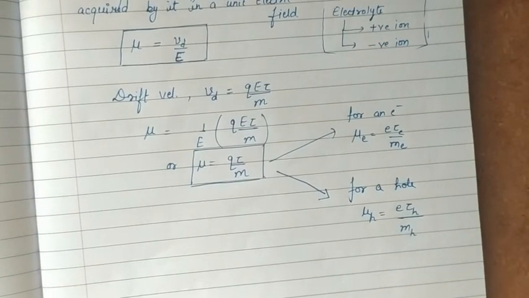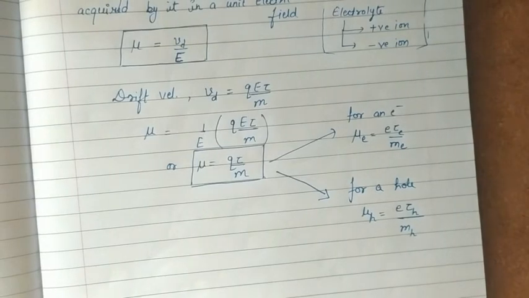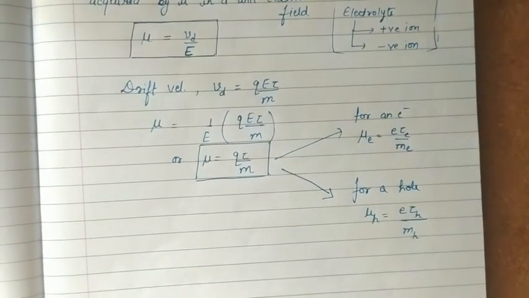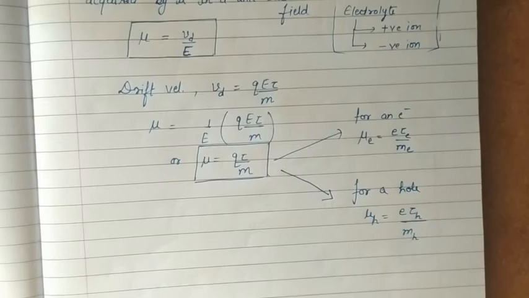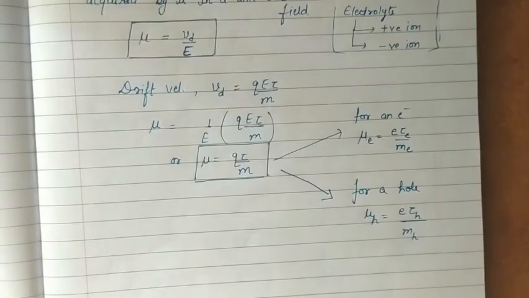Now what is a hole? A hole is actually a vacant space that is created when an electron jumps or is removed from its position. Means if an electron moves from its place and leaves a vacancy, then that space or entity is called a hole.